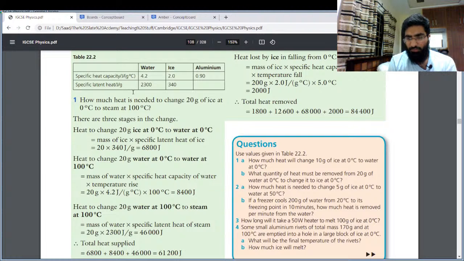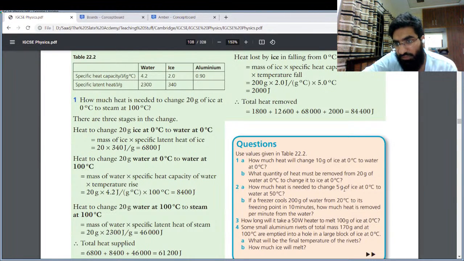The equation will be the same, but see, it would be done in two steps. It says how much heat is needed to change 5 grams of ice at 0 degrees centigrade to water at 50 degrees centigrade.